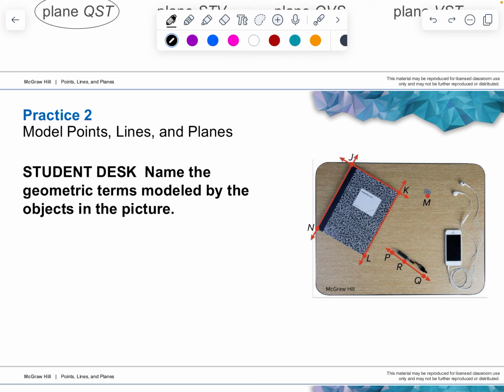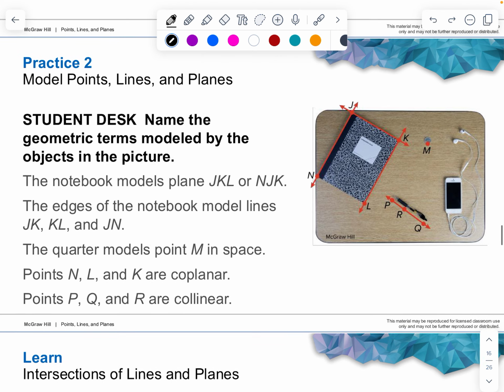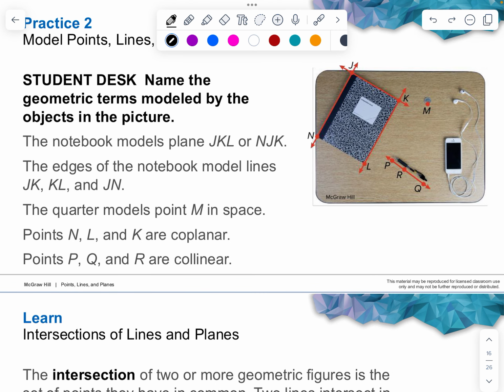Okay. Practice 2. Name the geometric terms modeled by the objects in the picture. I would recommend also you just pause the video and go through and do the rest of the practice. And then come here for the answers. Okay. A notebook can model a plane.